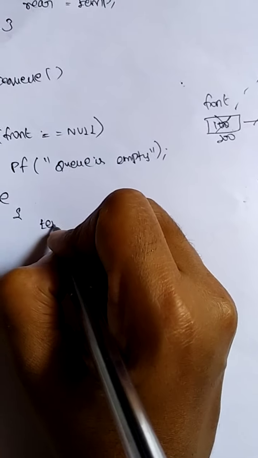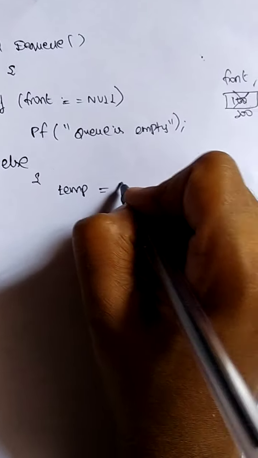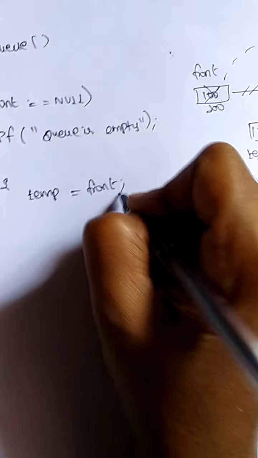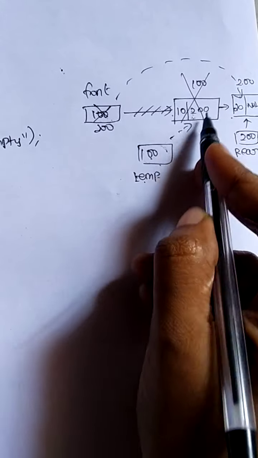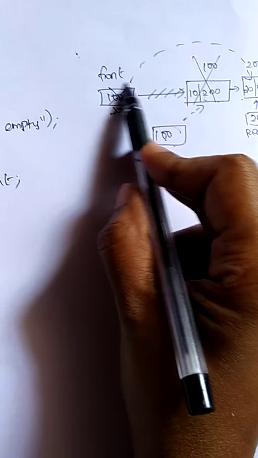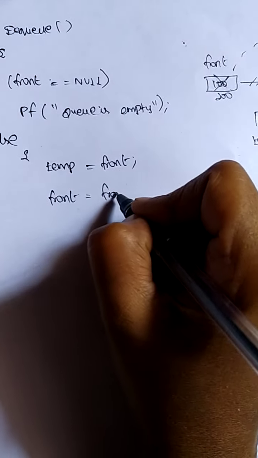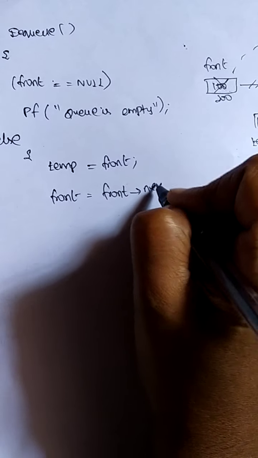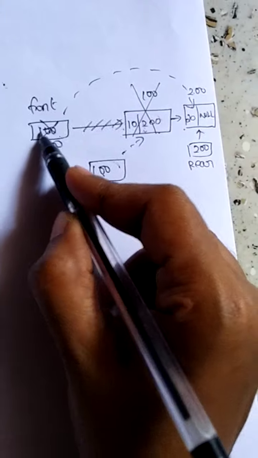Create a pointer variable temp, struct node star temp. So temp equal to front. Now temp value will be front value. Front is 100, so temp will also be 100. So it is pointing to here. Now I want to change the value of front. So front value will now be front of next. Front of next is 200. That 200 will be stored here.